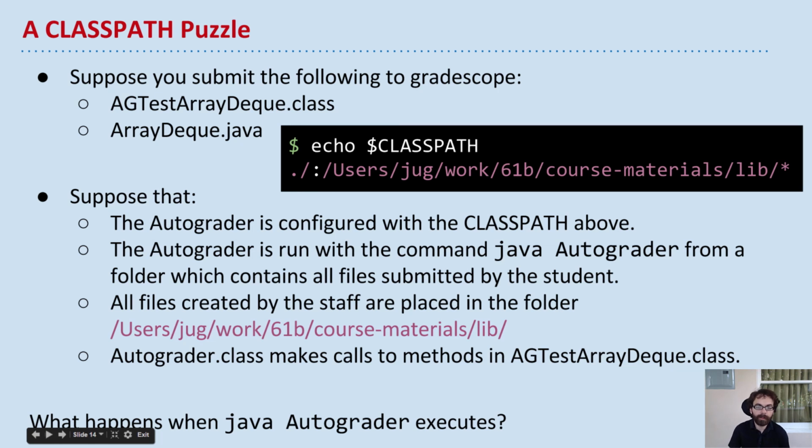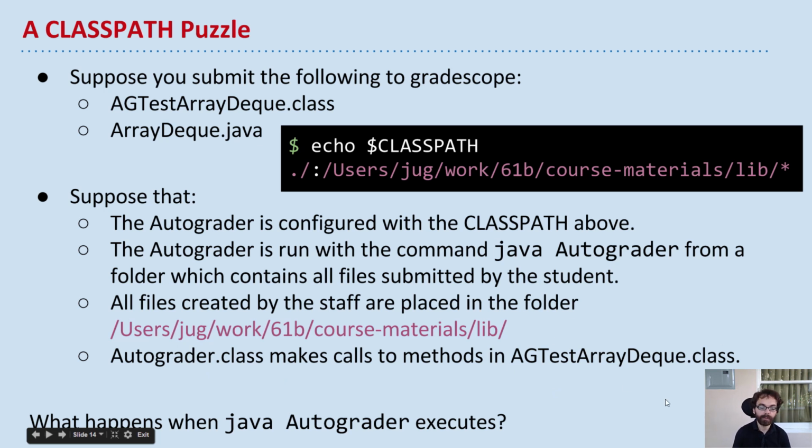Let's finish off this little bit about class paths with a little puzzle. So let's suppose you submit this stuff to Gradescope. You submit arraydeck.java and ag-test-arraydeck.class. Okay? Suppose further that the autograder is configured with this class path shown here, that the autograder is run using the command java autograder from a folder which contains all the files you submitted, that all files created by the staff are placed in this folder, and finally that autograder.class makes calls to this class right here.